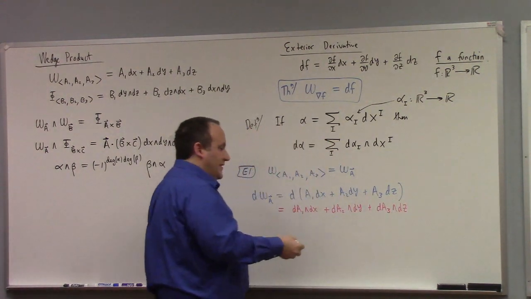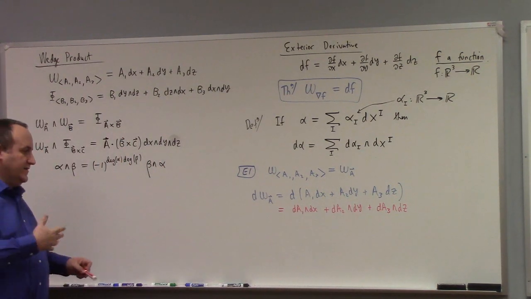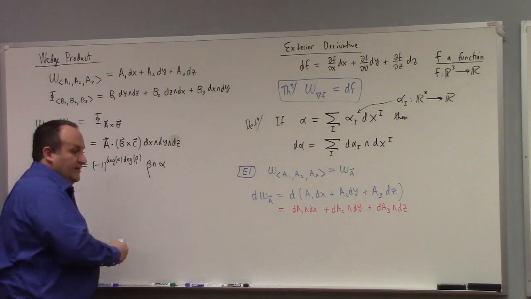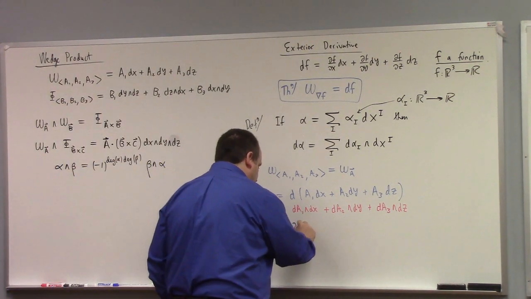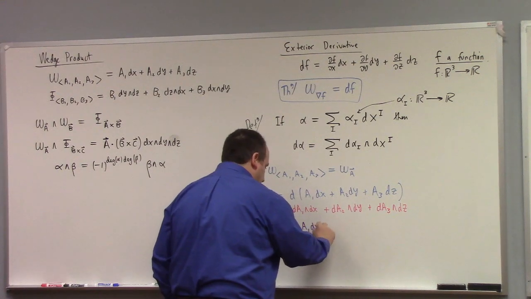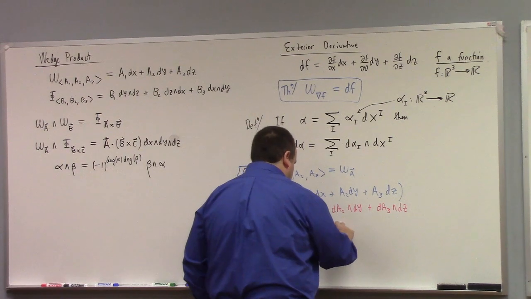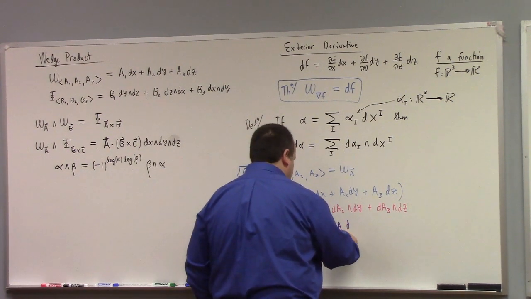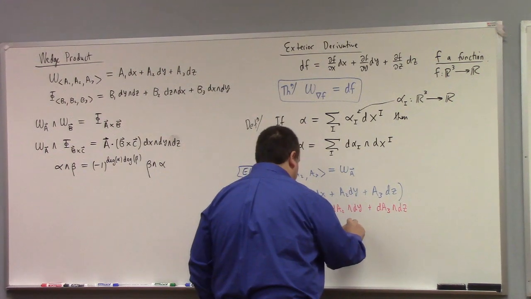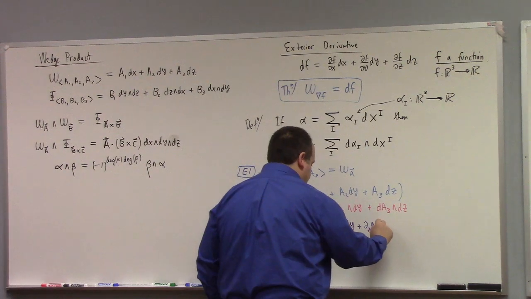But you guys already know how to take the total differentials of functions, right? What is the definition of dA1? Well, it's nothing more than partial x A1 dx plus partial y A1 dy plus partial z A1 dz.